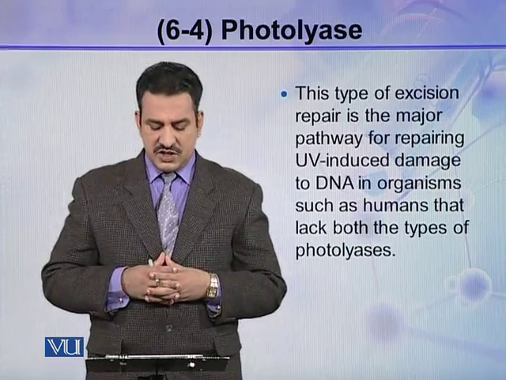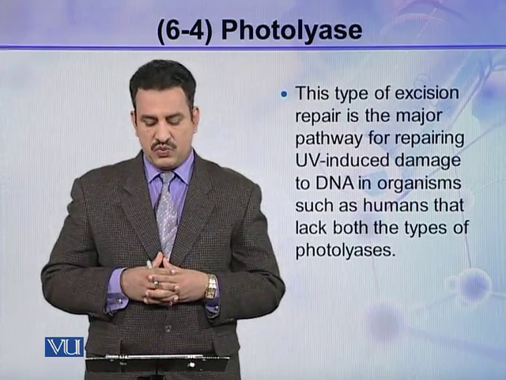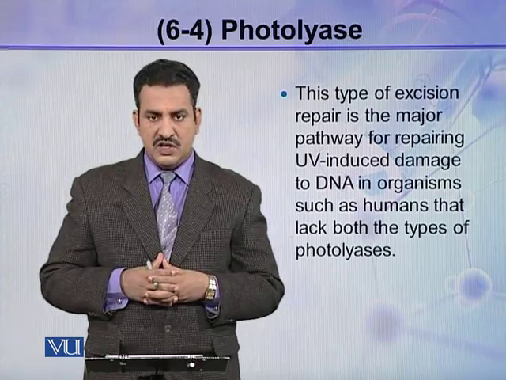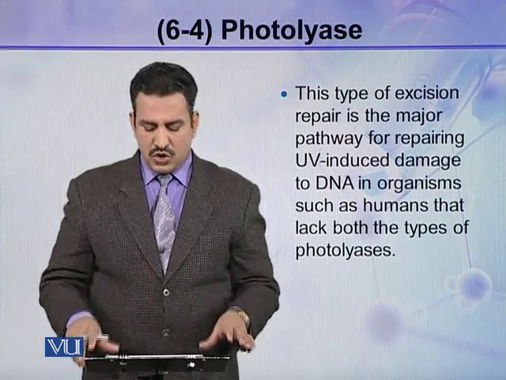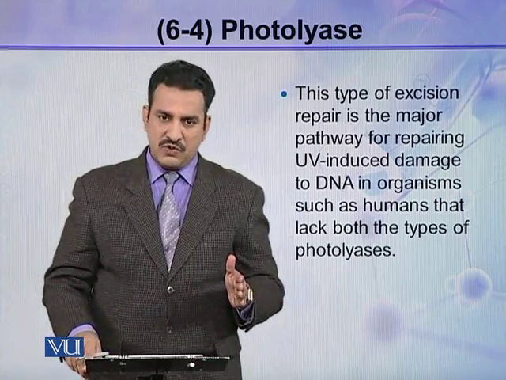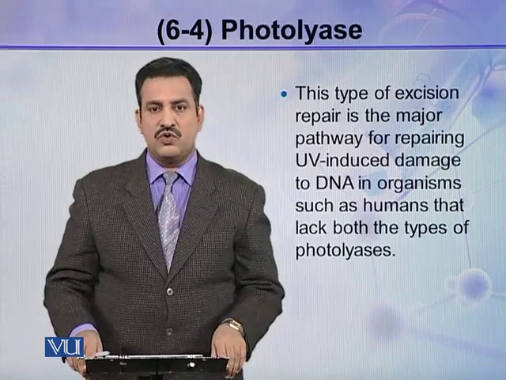This type of excision repair is the major pathway for repairing UV-induced damage to DNA in organisms such as humans that lack both the types, that is, CPD photolyase and 6,4 photolyase.